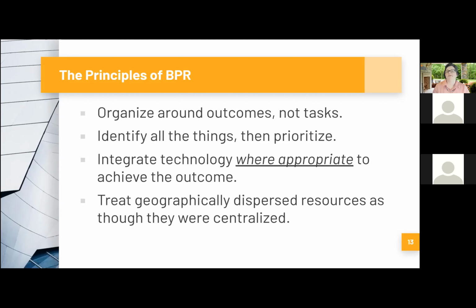Treat your geographically dispersed resources as though they were centralized. That does not mean you need to co-locate in the same office building. For example, one of our major improvements as part of this long-term rethinking of our business strategy is that each one of our agencies had their own Microsoft set of licenses.